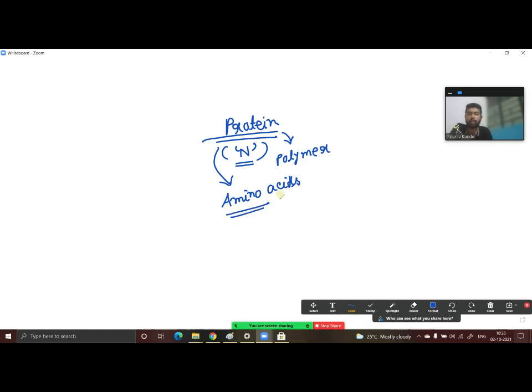Now these amino acids, how will we characterize their structure? This is the basic introductory class for all of the biomolecules. One by one we will go through the introduction of different parts. An amino acid has a general formula of this: a carbon bonded with an alkyl group, bonded with a C double bond O OH group, and bonded with an H2N group.